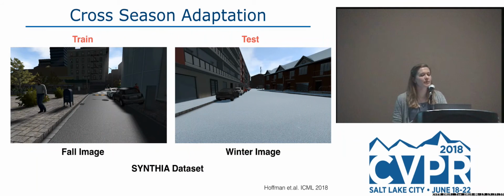As another example, we can think about adapting across weather conditions. In order to study this, we're going to use the SYNTHIA driving dataset, which is a synthetic dataset that renders driving scenes under different weather conditions. We're going to imagine that our training data came from the fall, and we'd like to evaluate how well it performs when there's snow on the ground.